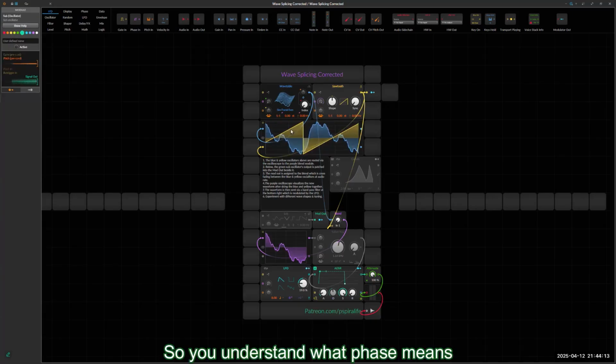So you understand what phase means in terms of an oscillator waveform?